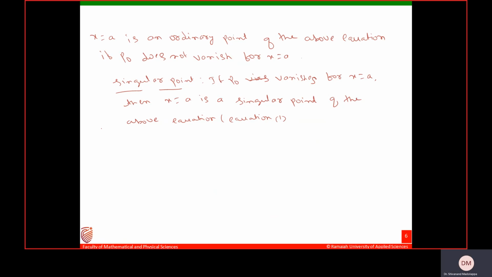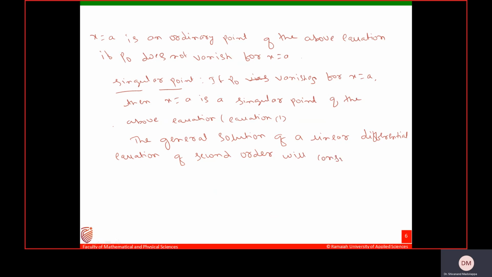The general solution of a linear differential equation of second order will consist of two series, say y1 and y2.